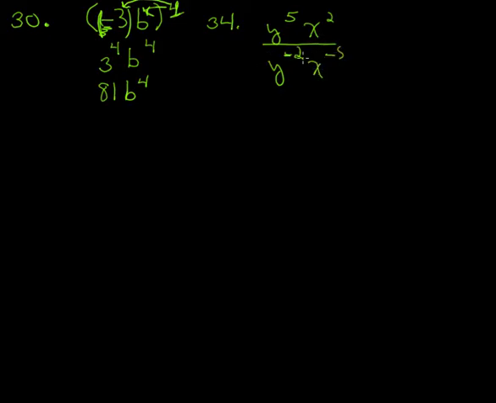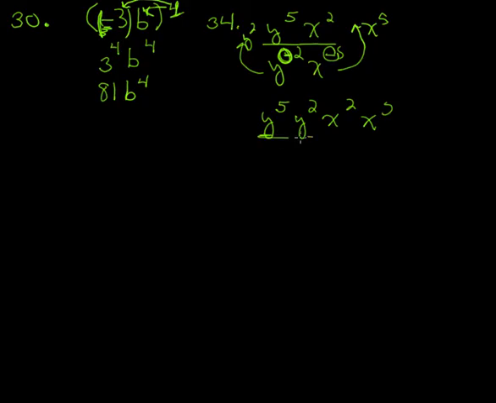Well, I'm going to use my rule of negative exponents here. This negative sign is pulling this whole thing upstairs and changing the sign. So I have y to the fifth, y squared, x to the fifth. This comes upstairs as x to the fifth. This comes upstairs as y squared. So that's what the negative sign does for us.